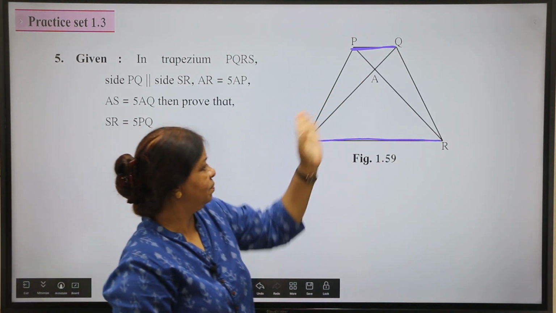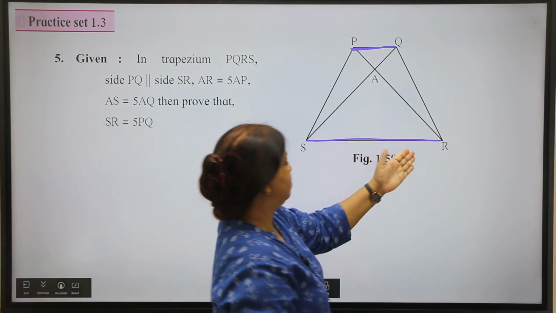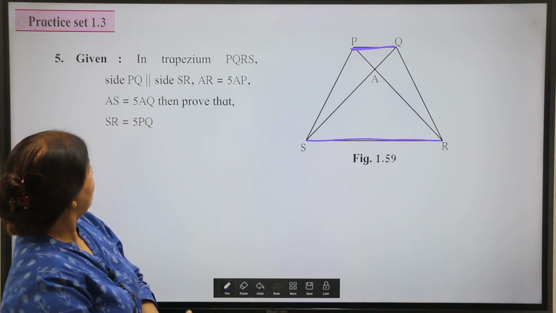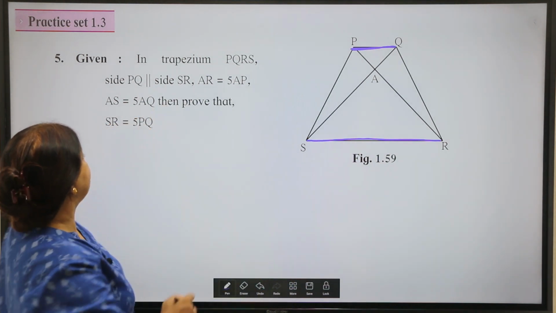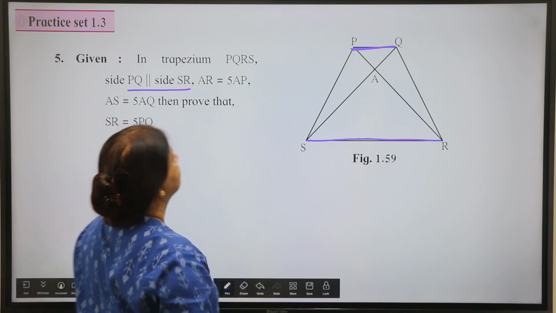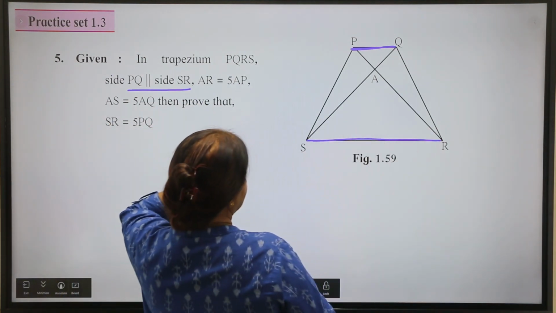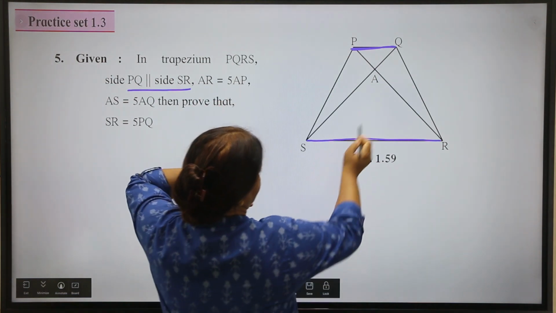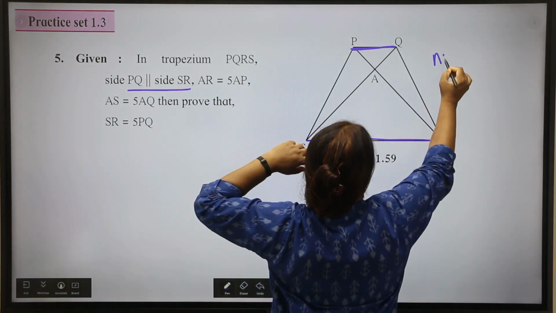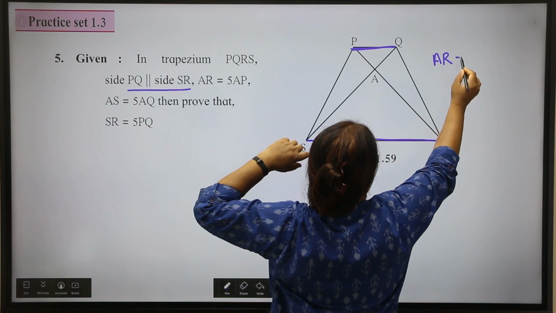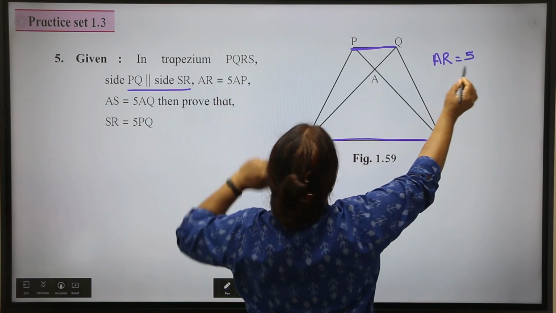So we can see clearly PQ is parallel to SR, and PQ is parallel to SR is given also. And AR is given as 5 times AP.